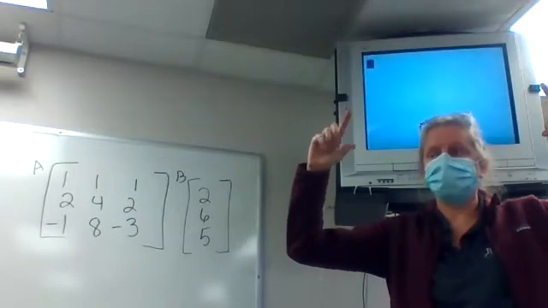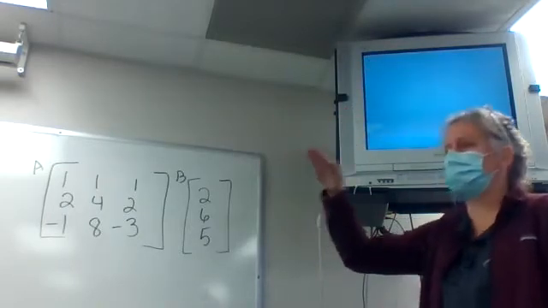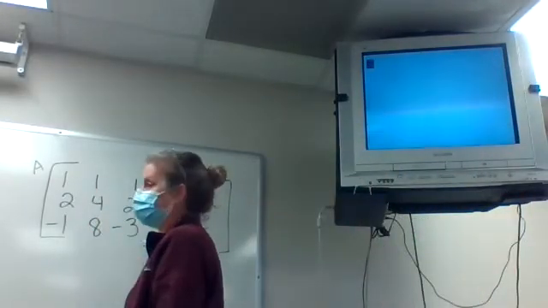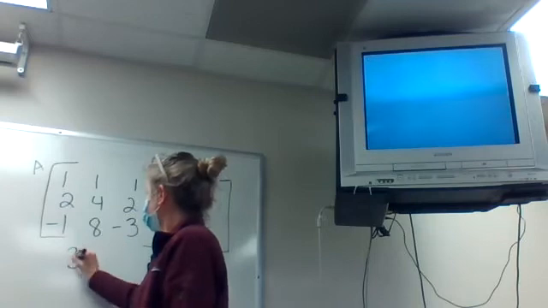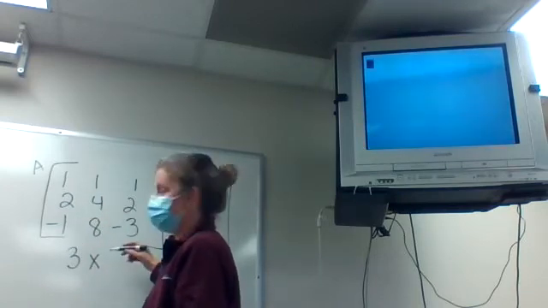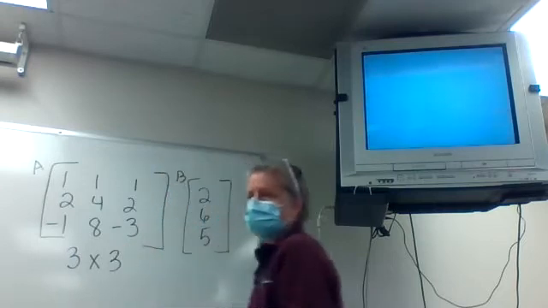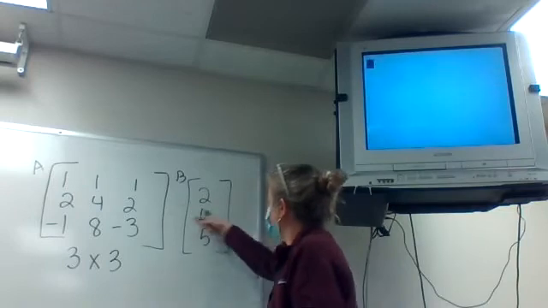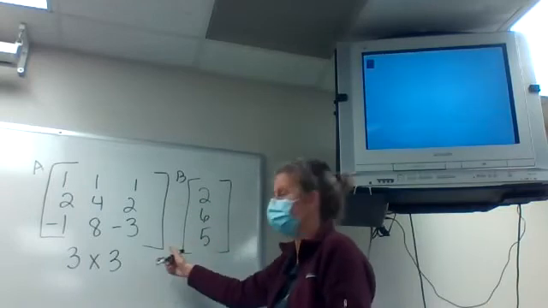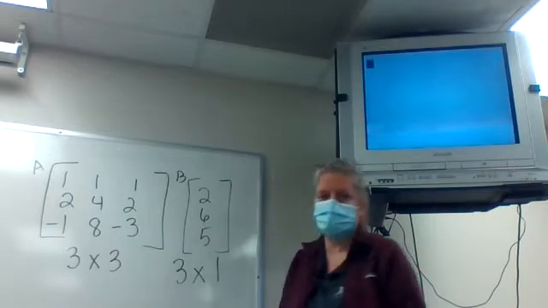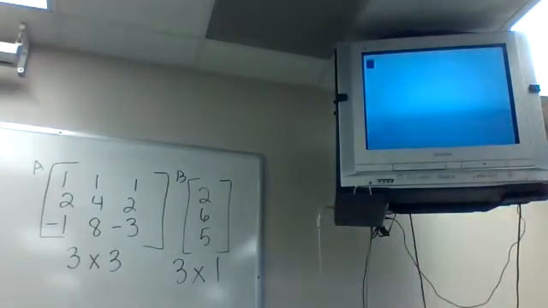Which is your order, the first part of which is the number of rows, which this one has 1, 2, 3, by the number of columns, which is 1, 2, 3. So that matrix is going to be 3 by 3. This matrix, how many rows? 1, 2, 3. But this time, how many columns? Just 1. Okay, so let's put this in our calculator.